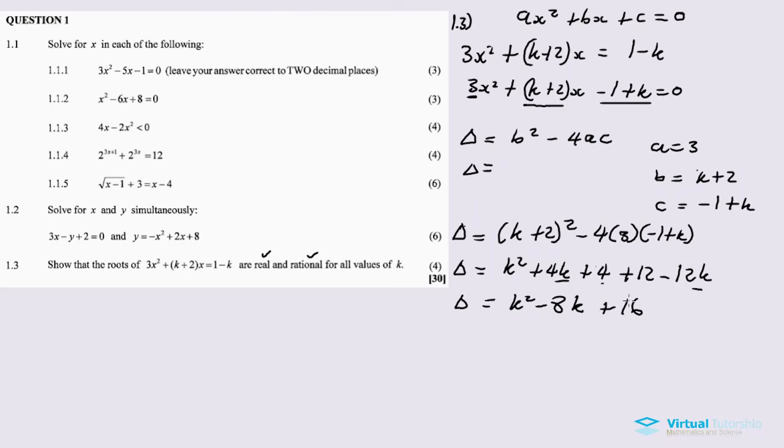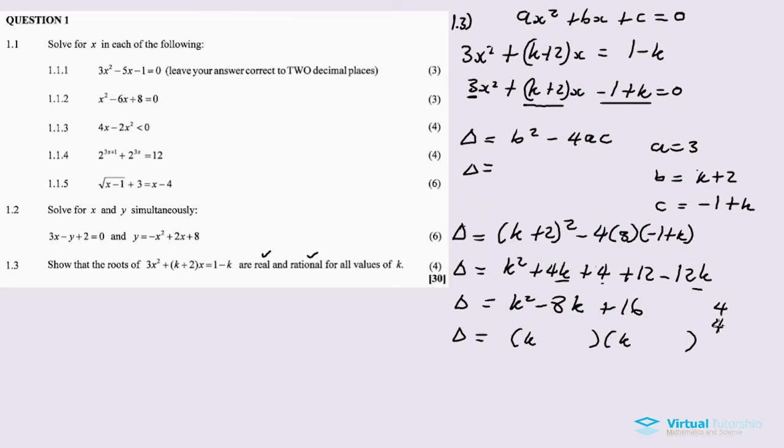So what you must do is actually factor this out. You must factorize this thing. When I factorize, I want two numbers which when multiplied give me positive 16, and the same numbers when added give me negative 8. Those numbers are 4 and 4.